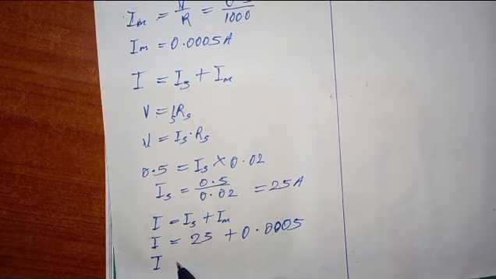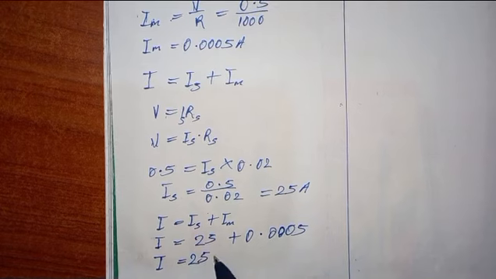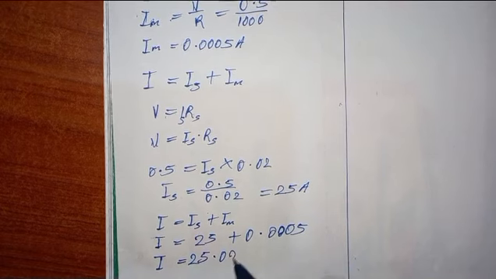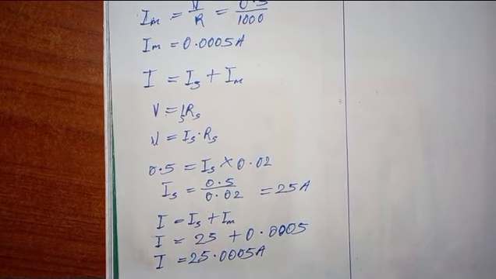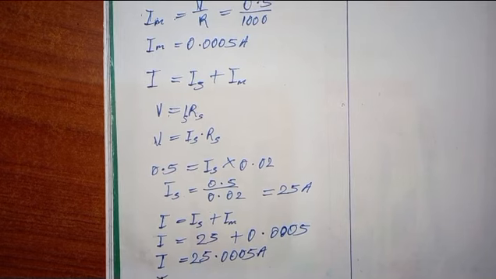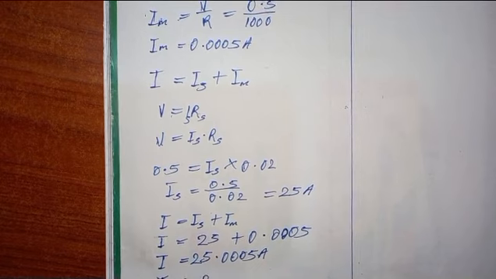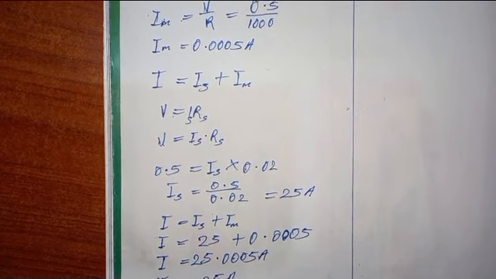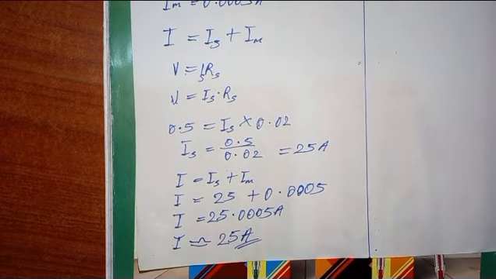The total current here will be 25.0005 amp. Approximately, I will be equal to approximately 25 amp. Now we know the answer for the first question.